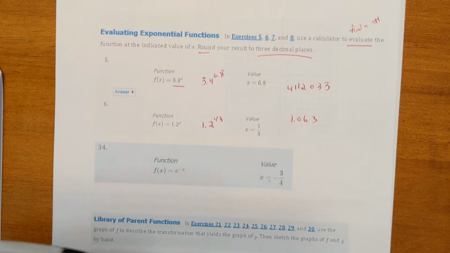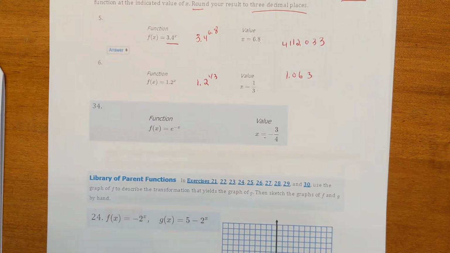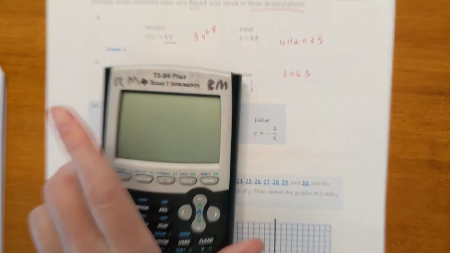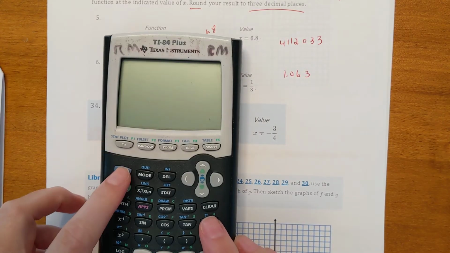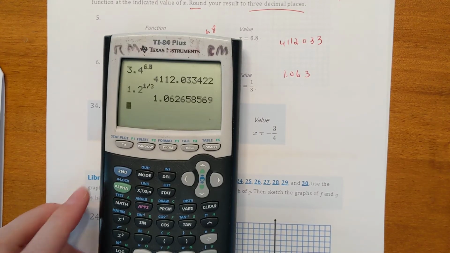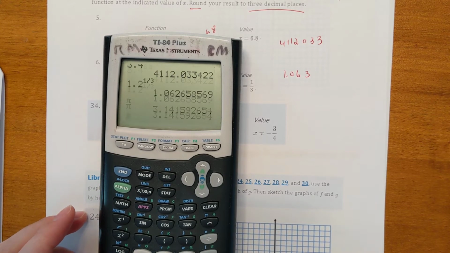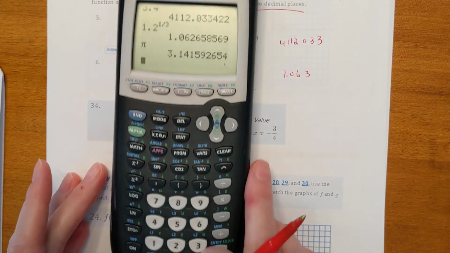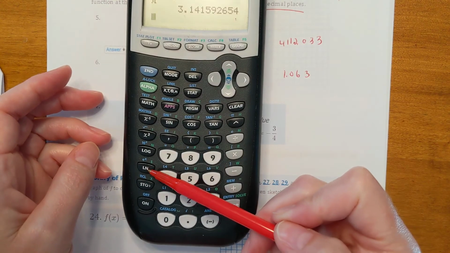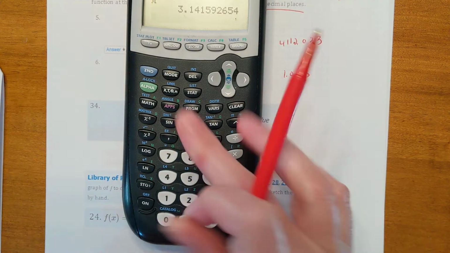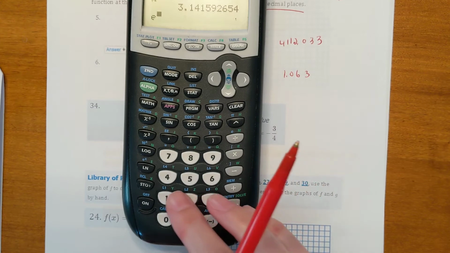Okay, the next one is the e. Now e is like pi. You can find what pi equals on the calculator. It's above the caret key. Second pi. That's what the number pi is. Likewise, the number e is down here above the word natural log. So second natural log 1.